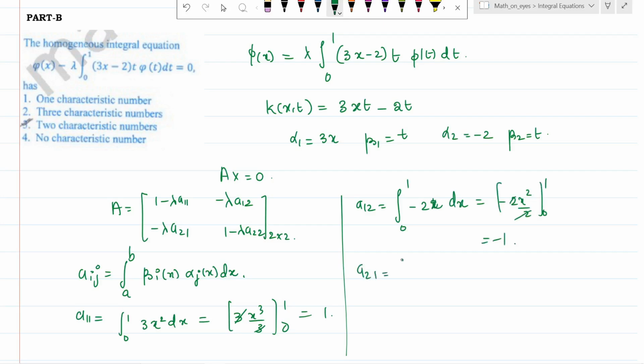And a21 is equal to integral 0 to 1 of beta 2 and alpha 1. So we get x and 3x, so 3x squared dx, which is equal to 3x cubed by 3. Applying the limit, we get 1. And a22 is equal to integral 0 to 1 of alpha 2 beta 2. So we get minus 2x dx, which is equal to minus 1.